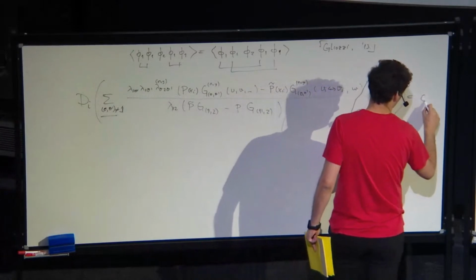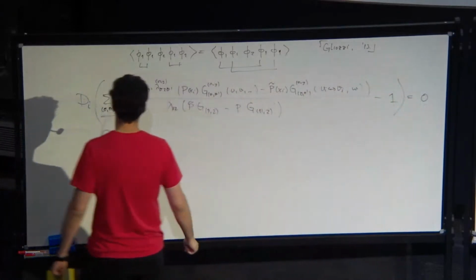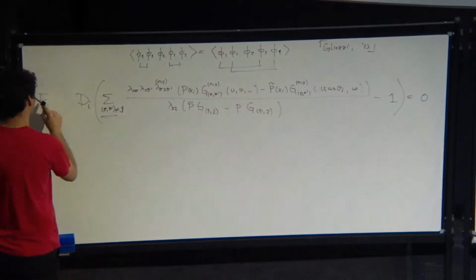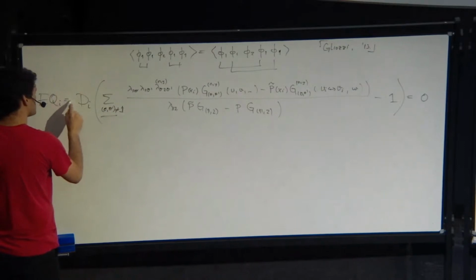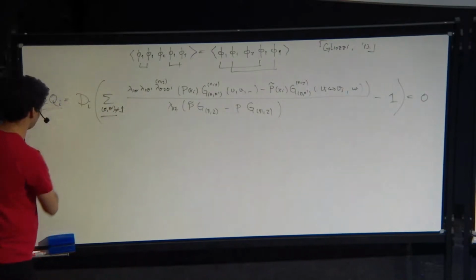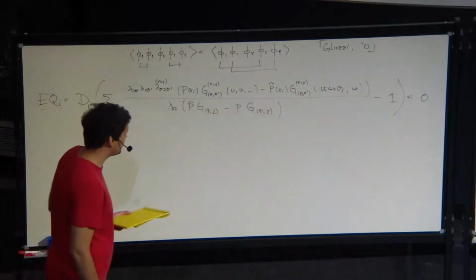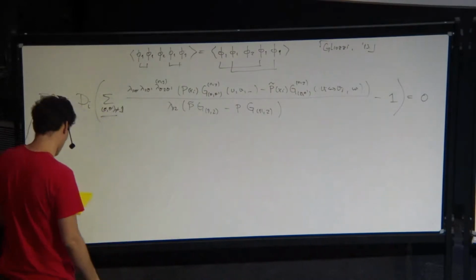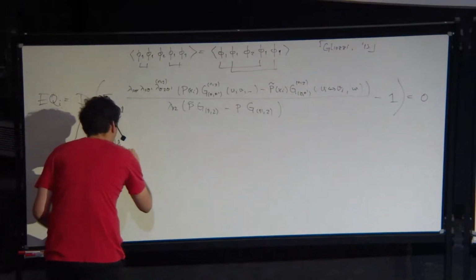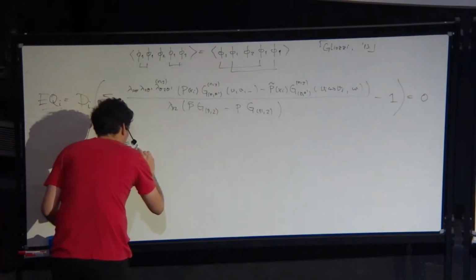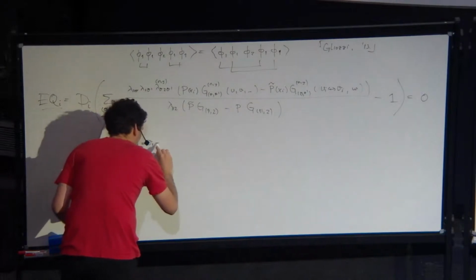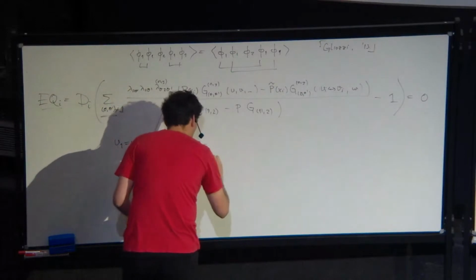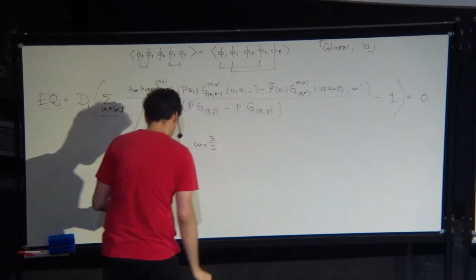So then you get the requirement that all derivatives of this equation have to vanish, and I'm going to denote these equations that I get by taking these derivatives in the following way. And we are going to evaluate everything at the following configuration, where U1 is equal to U2, V1, V2 equal to 1, and W is equal to 3/2.